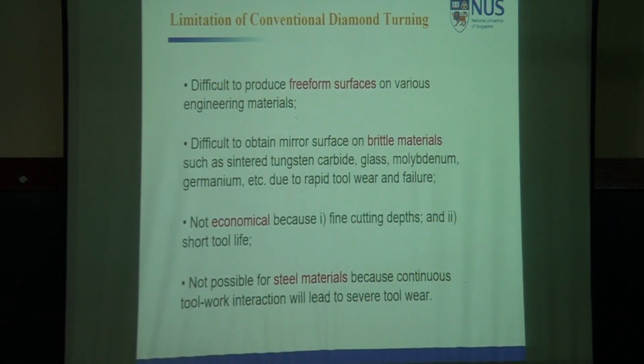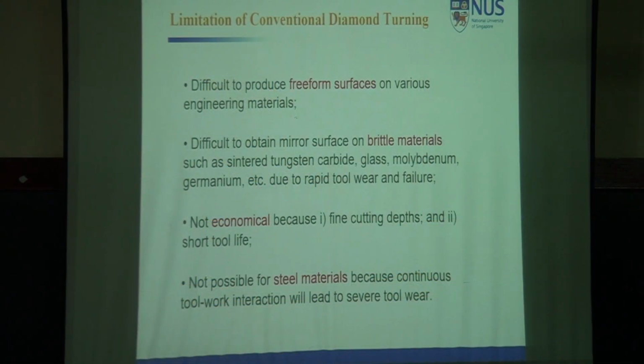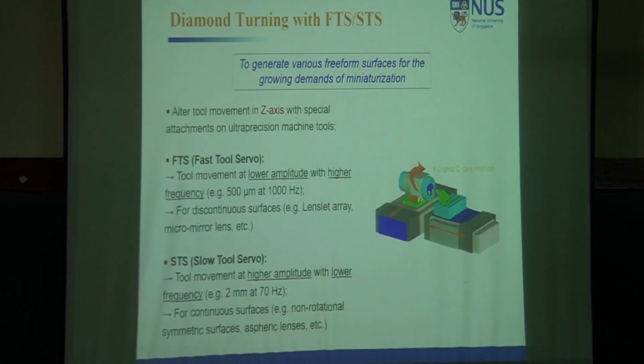Free-form surfaces cannot be machined in conventional, brittle material cannot be machined, and it's not economical: fine cutting depth, because the tool wear is very fast, short tool life, and steel cannot be machined. Steel is the most widely used material to machine, so we should get rid of this problem. How to get rid of it?